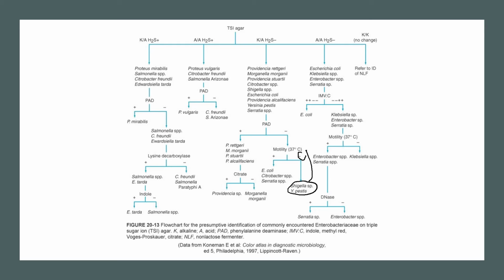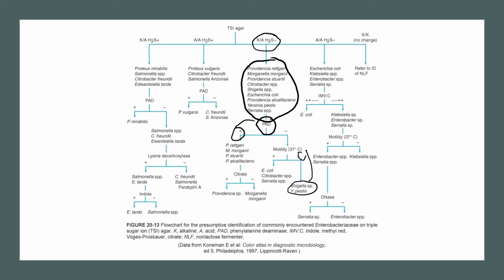So let's go back to the top of the flowchart with alkaline over acid, H2S negative, and that means the organism does not ferment lactose, but ferments glucose. They are clear, colorless colonies on MacConkey, and they do not produce hydrogen sulfide. So you'll see that you have a long list of species to choose from. But look at PAD.